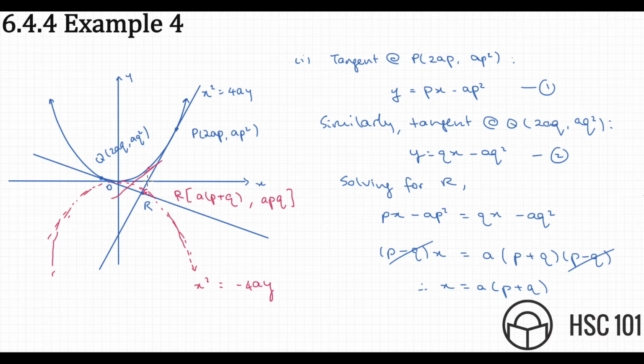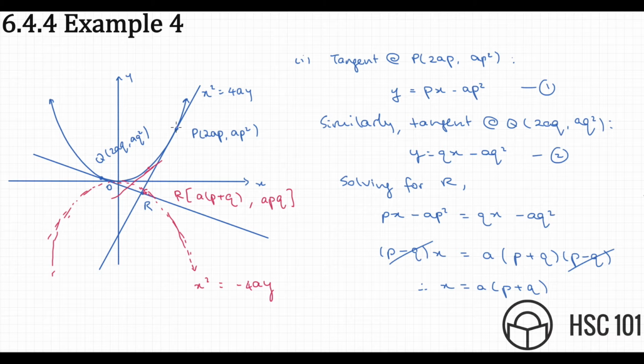So in other words, P is free to wander, but once we say P has to be at a specific point, Q can no longer be wherever it wants to be. Once we fix P, Q becomes fixed as well, such that the two tangents will always intersect on the parabola x squared equals negative 4ay.